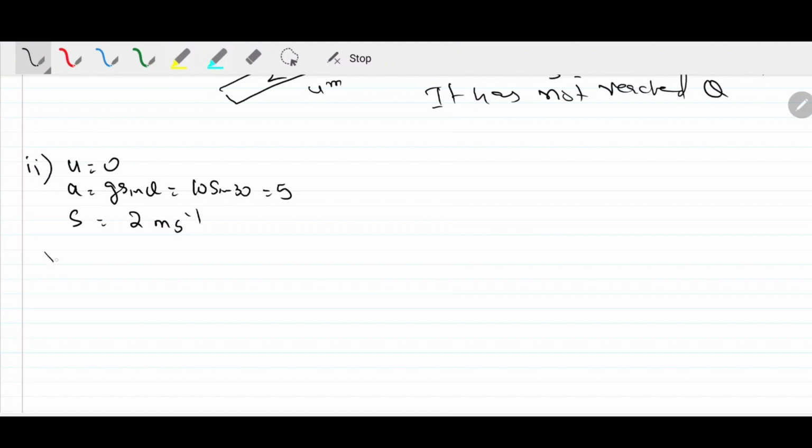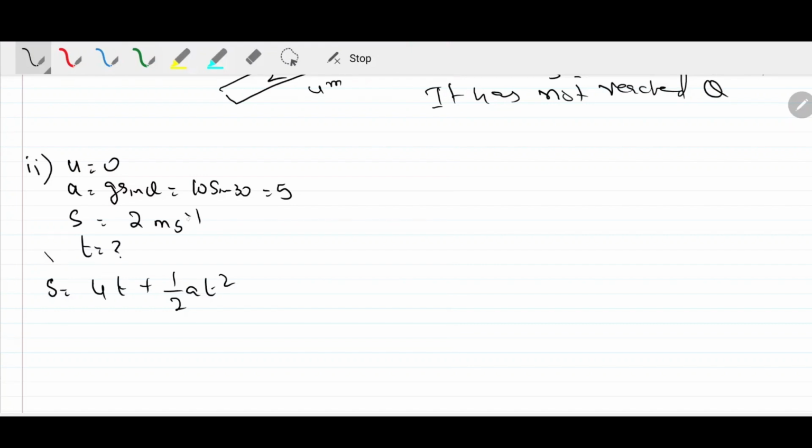I need to find the time at which A reaches P. So S is equal to ut plus half at squared.